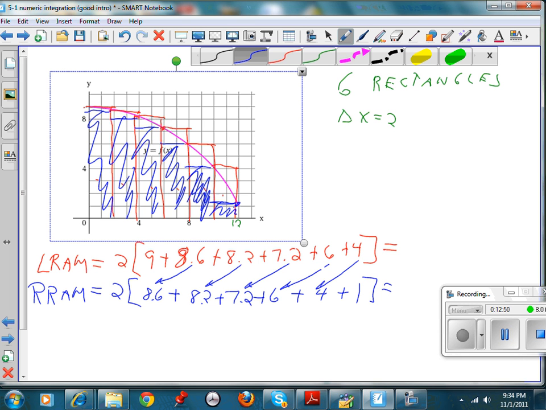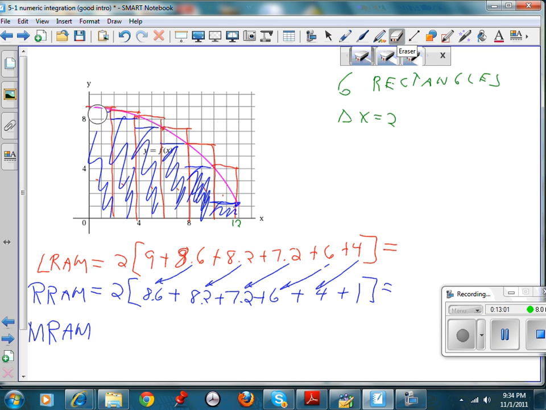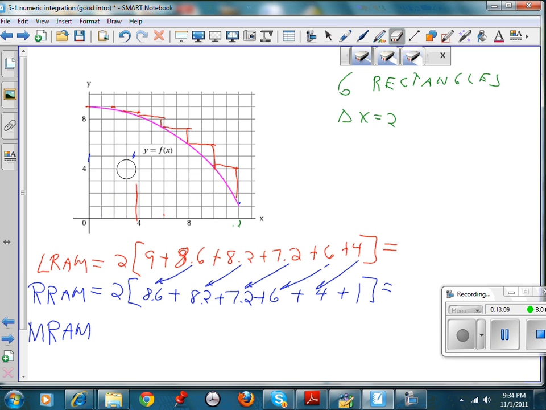If they also asked about the midpoint, which I didn't talk about before, but I bet you could figure that out. I bet with a little bit of thought, you could say, well, I'm now going to use the midpoint of each one of these rectangles. Now, of course, all my heights change. Oh, better go to black, let's go to a different color.